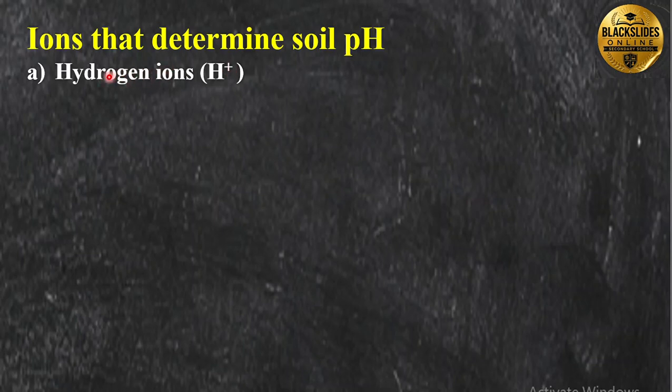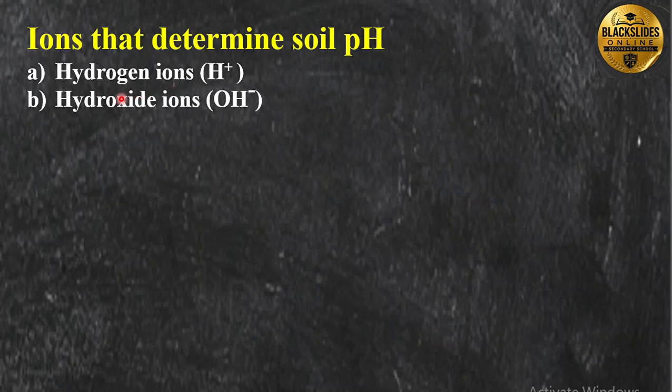So the concentration of hydrogen ions in a soil sample determines soil pH. But also what we call hydroxide ions, or OH with a superscript minus.